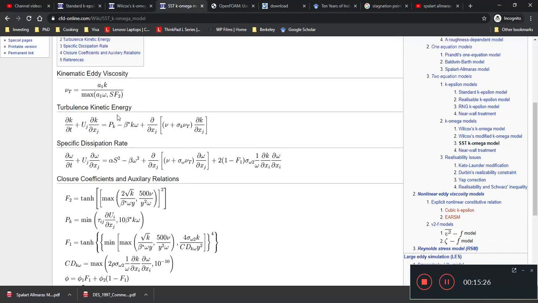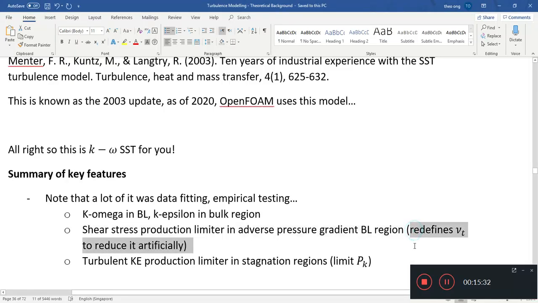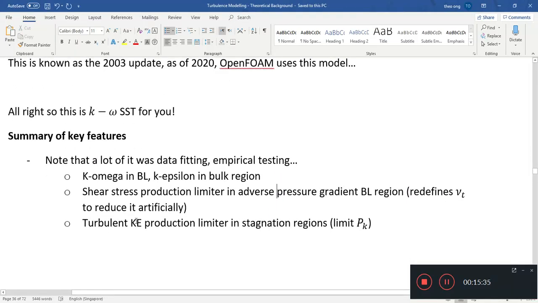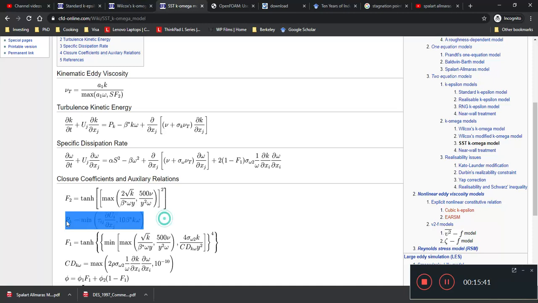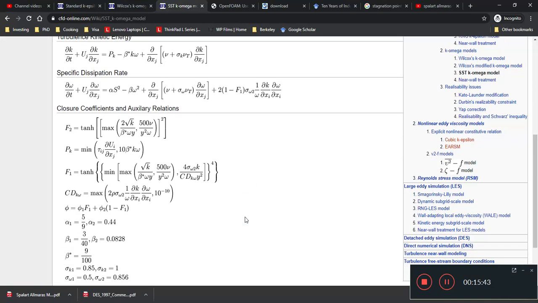To deal with that, this was the way we redefine the kinematic eddy viscosity. And also, to deal with this stagnation problem, we limit the pk over here. That's why your pk is defined as such.